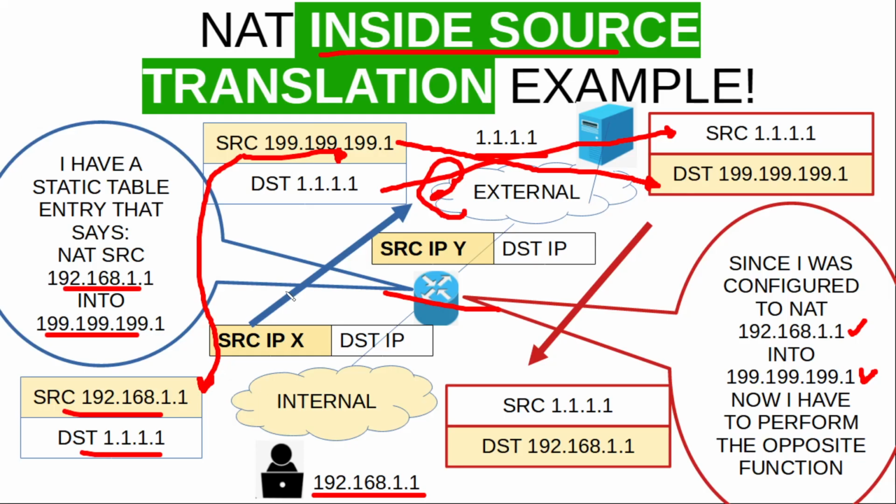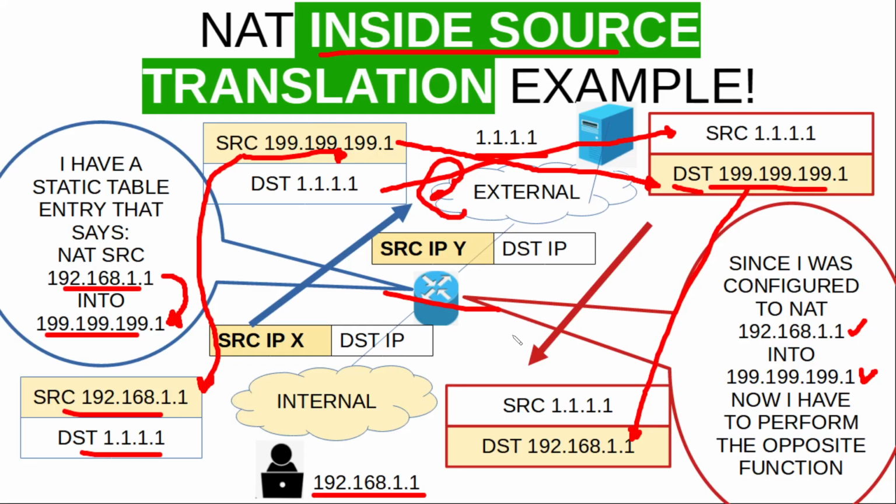So if you configure NAT to translate this IP address into this IP address, then for outgoing traffic that will happen, but for incoming traffic the opposite will happen. We are going to change the destination IP address from this one to this one. So this is what NAT does, this is the behavior of NAT.